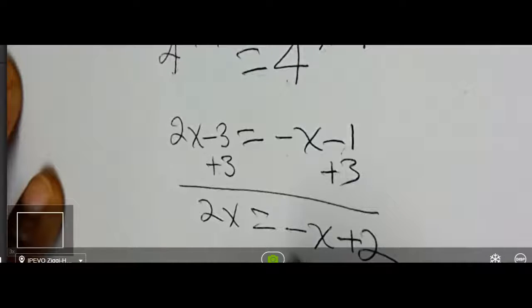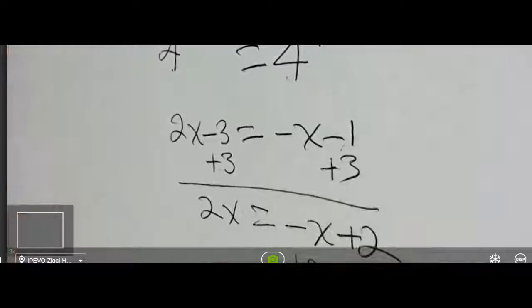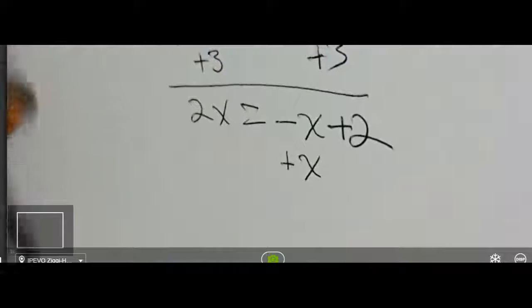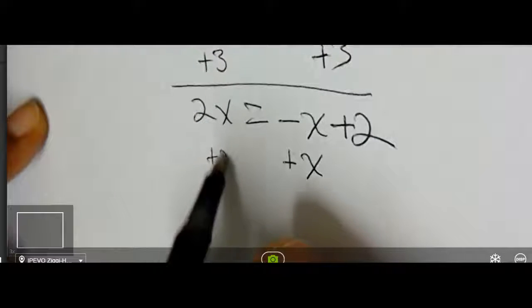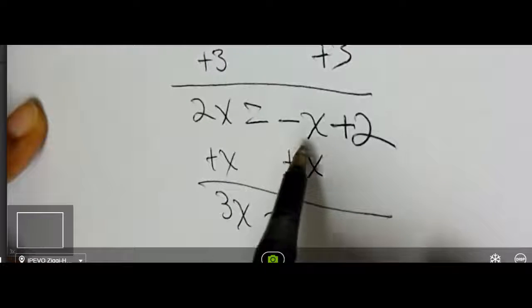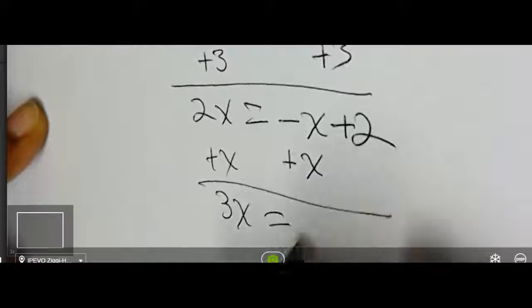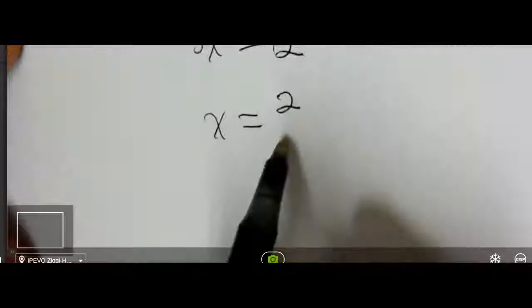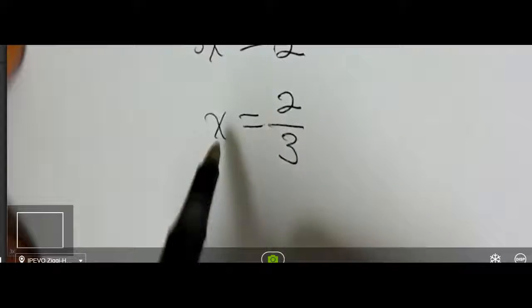So we can add positive x to both sides. So we have 3x, and negative x plus positive x becomes 0, plus 2. So then divide both sides by 3, and then we get x equals 2 over 3.